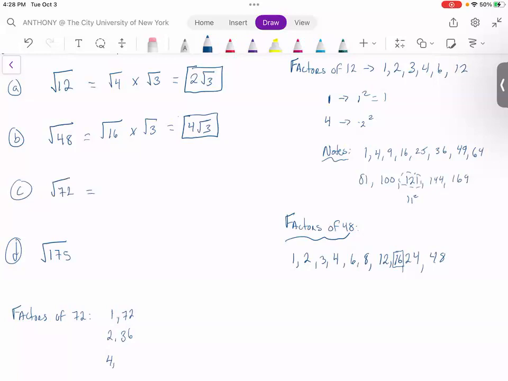I'll give you the answer. It's 18. 4 times 18 gives you 72. There's more factors. You're missing a few more. 6. 6 times what gives us 72? 6 times 12, yes.